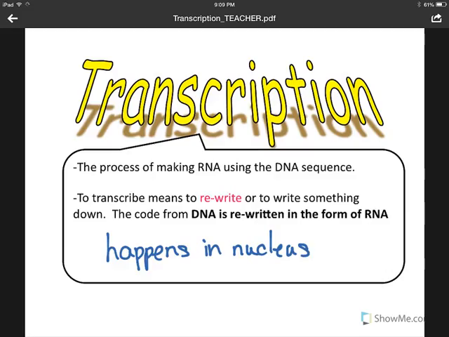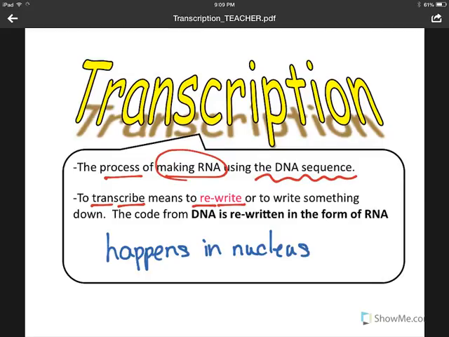Alright, so let's talk about how we actually make this RNA. Transcription is the process of making these types of RNA, and you're going to use the DNA sequence to actually make the RNA. When you transcribe something, it literally means to rewrite something, or write something down.